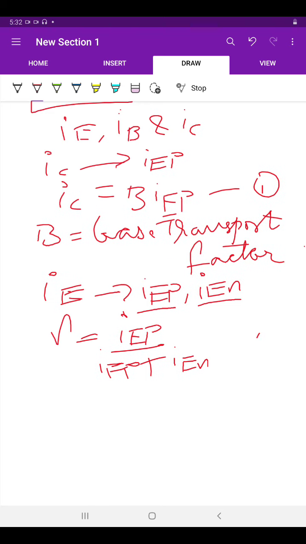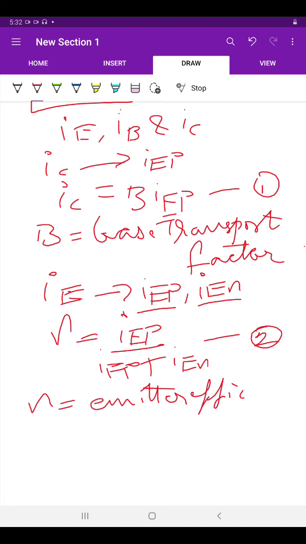So gamma is the emitter efficiency, given by this particular equation, IEP divided by IEP plus IEN. So here IEP is the hole component and IEN is the electron component.